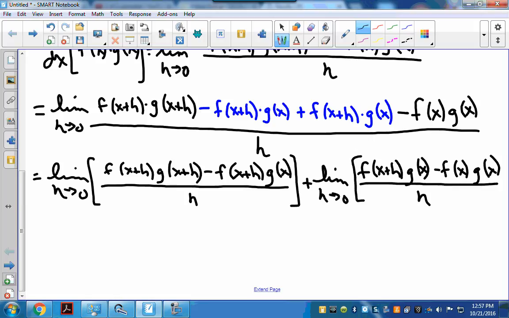And again, you might want to look at the step I skipped there. Take this original quotient up here, break it up into two fractions, and then the limit of a sum is the sum of the limits.